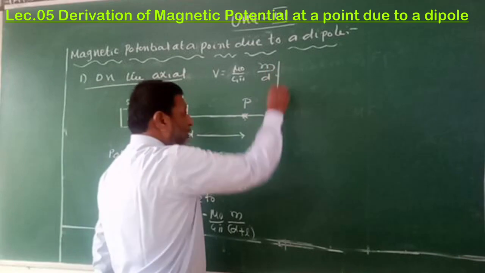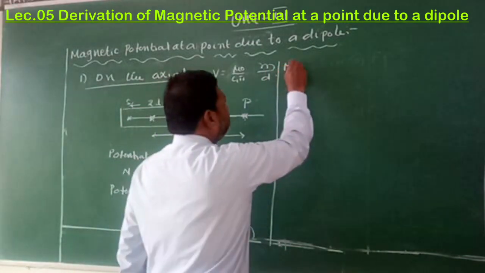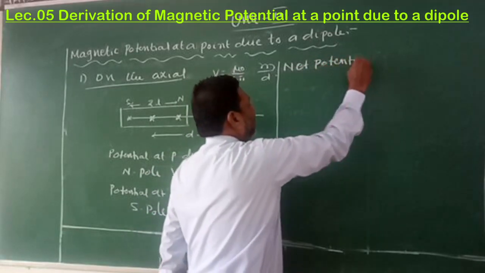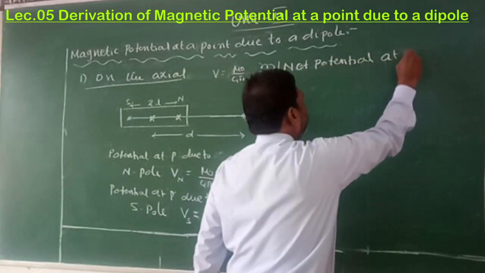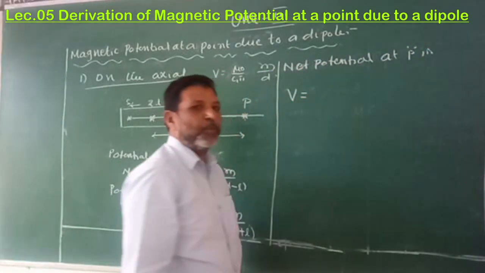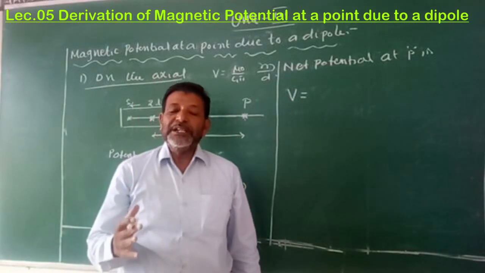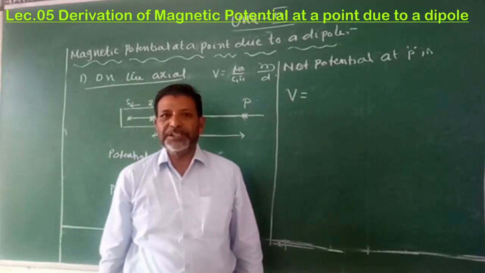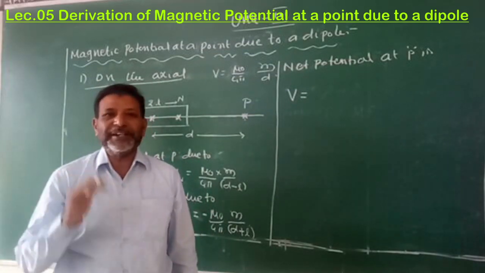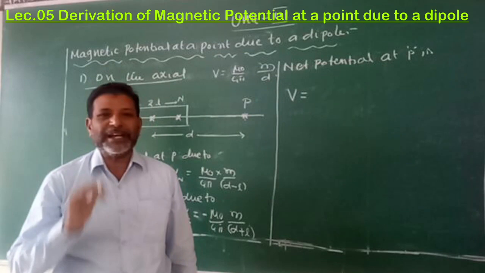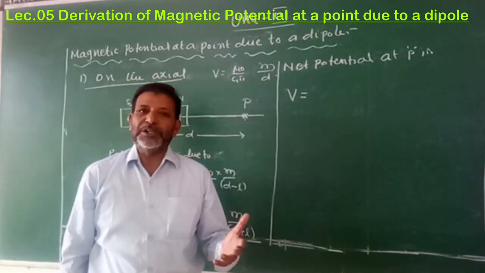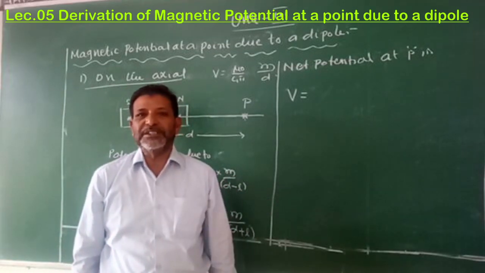Now, the next is net potential at P. Let's take this as V. Listen here, one more point: potential is a scalar quantity, whereas intensity or magnetic intensity is a vector, which has magnitude as well as direction. We already discussed that in the last class.